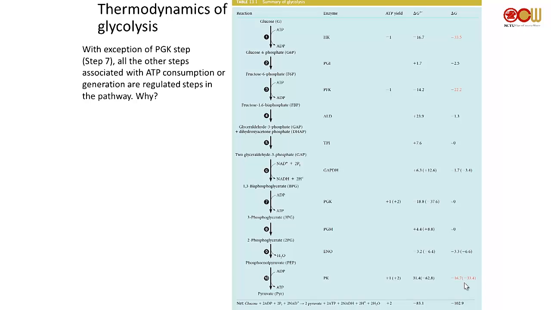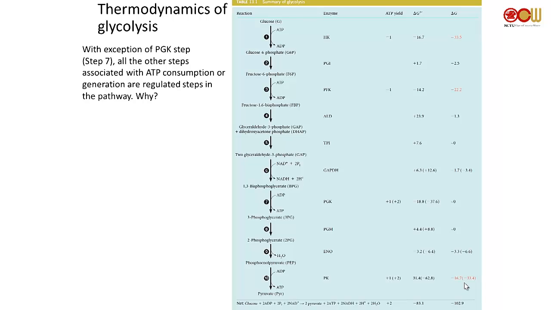The other largest energy change is pyruvate kinase, going from PEP to pyruvate. That is because PEP is very high in energy. So when it generates ATP, it still has so much energy that the real delta G becomes -16. And you have 2 of those, so in parentheses it's -33.4.